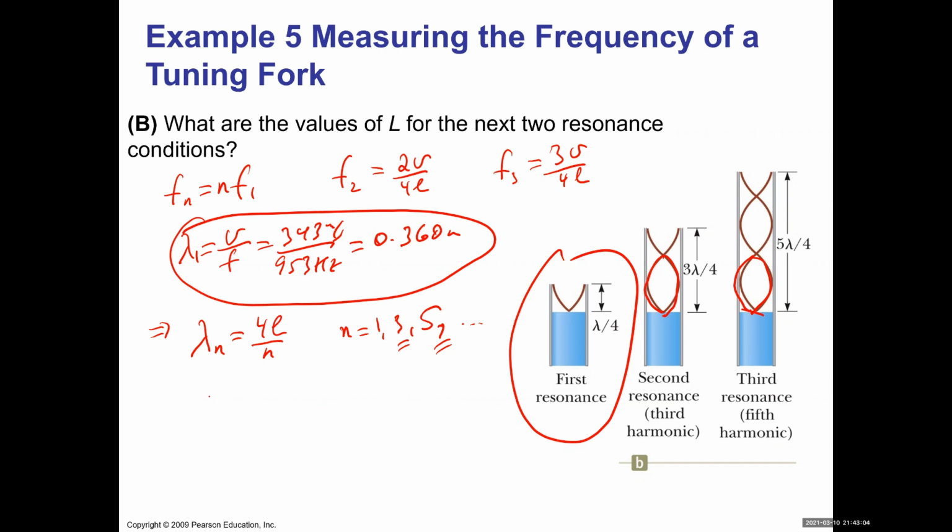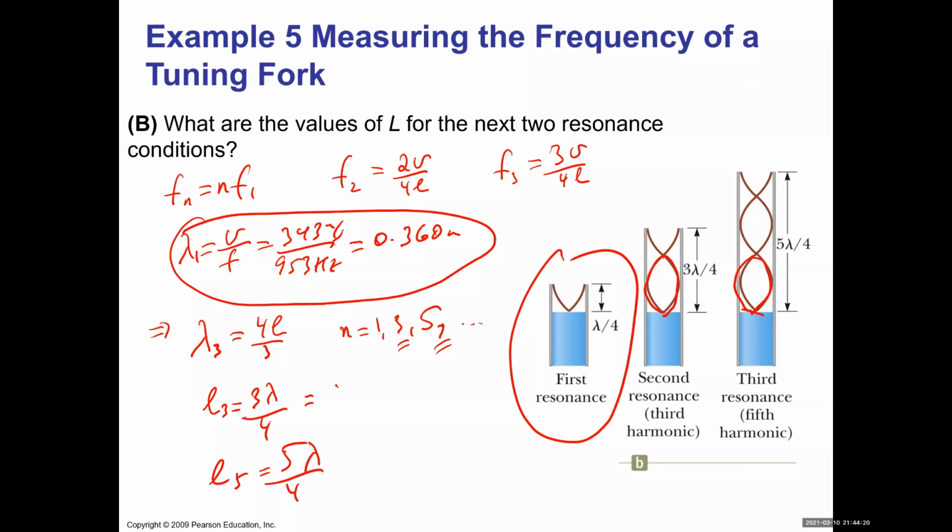So if I rearrange, then from here, L, if we're talking about 3, will be equal to 3 lambda over 4. So 3 lambda over 4 is L for 3, and L for 5 will be 5 lambda over 4.